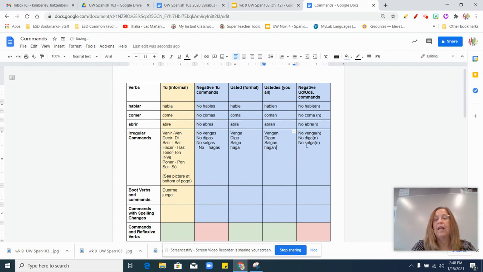And no haga or no hagan. And tener in the yo form is tengo, so no tengas, you don't have it. Tenga suerte, have some luck. Tengan, no tengan.